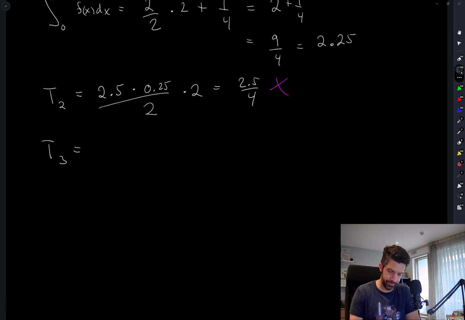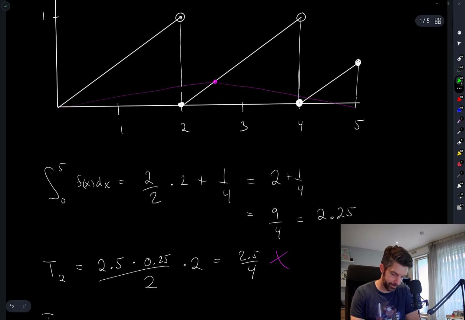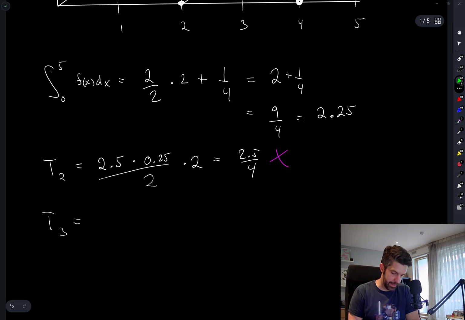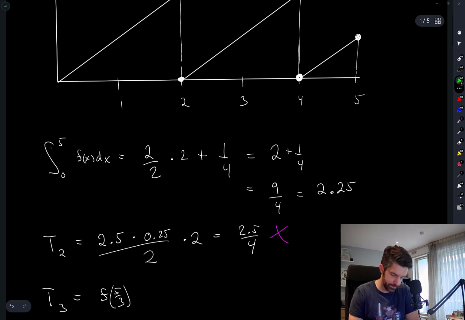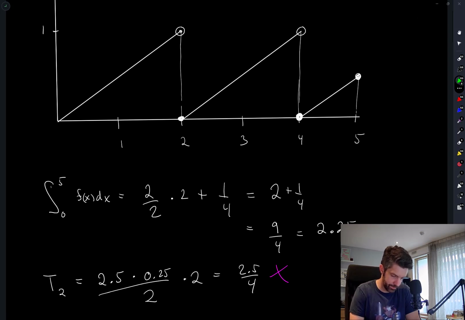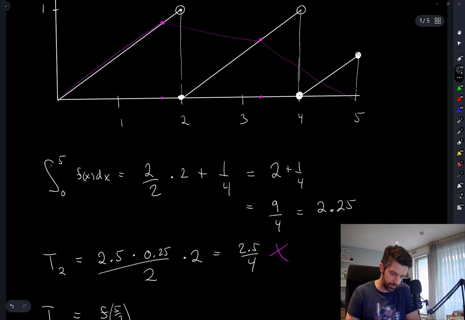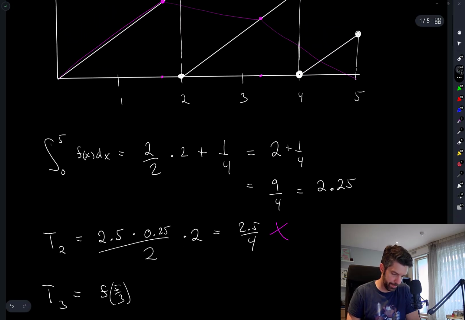T3. Okay. Let's try and figure out. So we have f of 5 over 3 times 5 over 6.